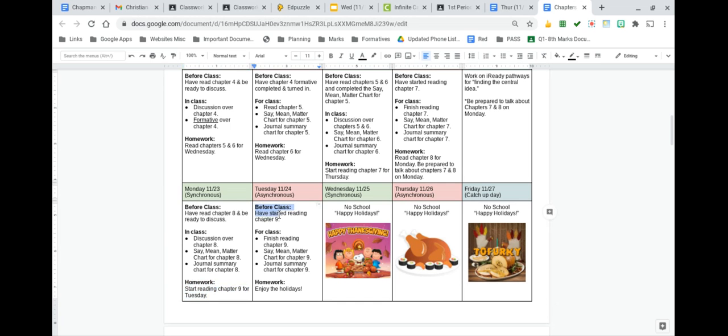Then Tuesday, of course, make sure you have already started reading chapter 9. And for your assignment that day, even though we're not in the Google Meet, you need to finish reading chapter 9, complete your say, mean, matter chart for chapter 9, and update your journal for chapter 9.